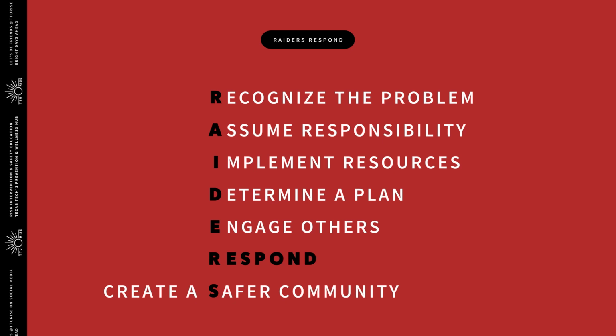Just make sure if you see something that you say something and do something. And through all of these, we will create a safer community, not just here at Texas Tech, but also in Lubbock. So what I would like you to do now is write 3 ways that you and your org can help make campus safer for everyone involved.